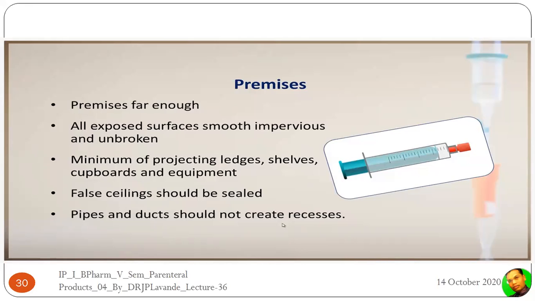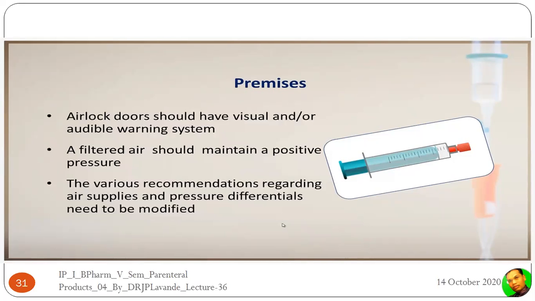The equipment should be easy to clean and sterilize. The false ceiling should be sealed. The fixtures should be maintained in such a way that they are easy to clean. The pipes and ducts should not have any recesses, as that would make cleaning very difficult.